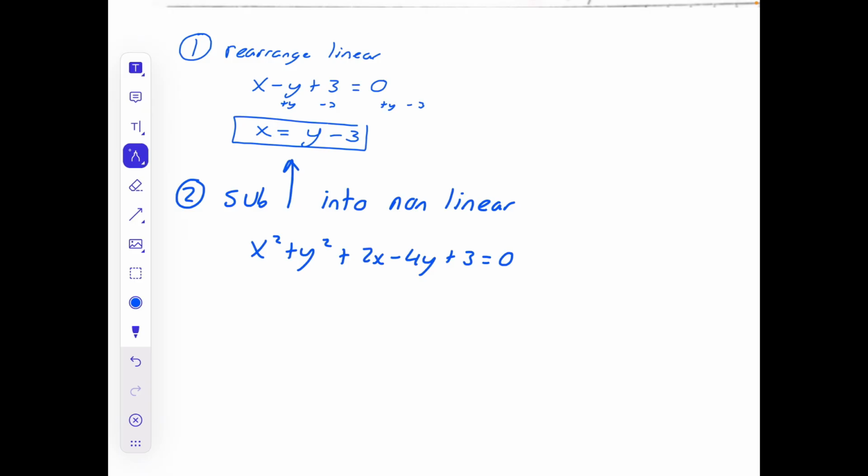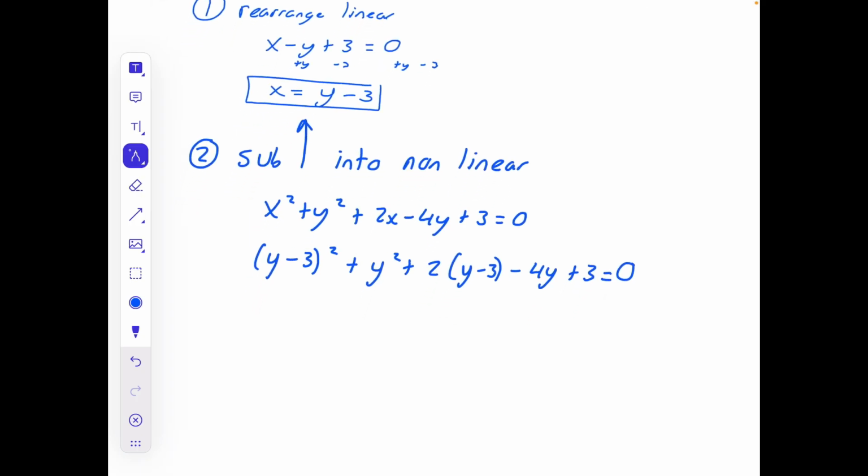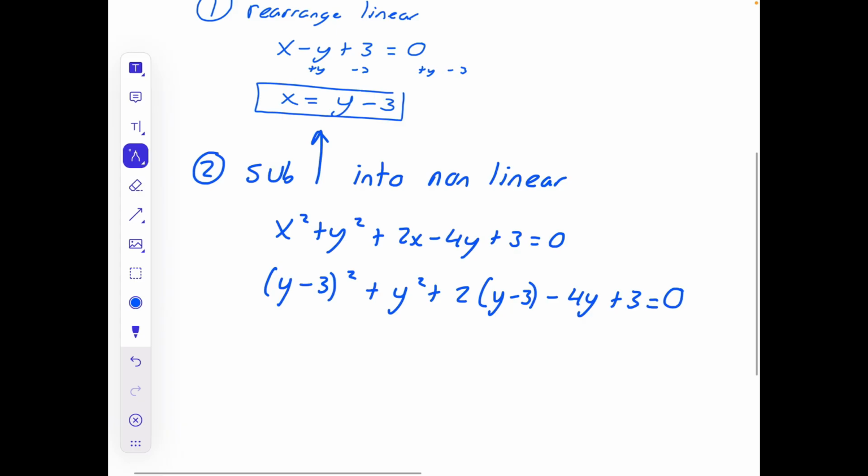So everywhere we have an x, I'm going to put in y minus 3. So instead of writing x squared, I'm going to write y minus 3 to be squared. Just make sure you put it in a bracket. Plus y squared. Here again, plus 2x, instead of x, we're going to do y minus 3, is equal to 0.